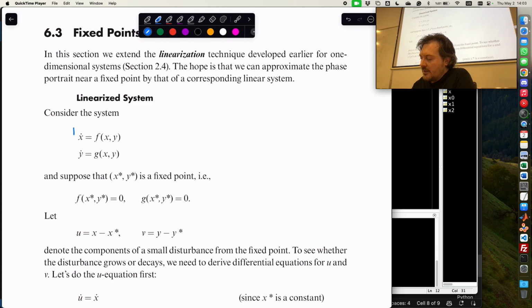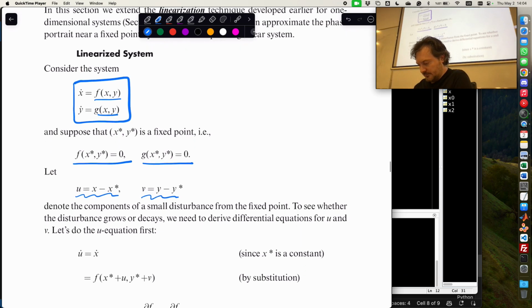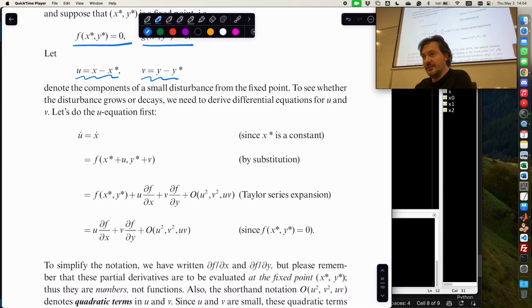Okay, so we have a general system that is in general nonlinear, right? f and g. Now, if you have a fixed point, it means that both f of x star, y star and g of x star, y star are 0 at the fixed point. So we can linearize the system around the fixed point, just like we did in 1 dimension. This is now 2 dimensions. What do we do? Taylor expansion, the usual thing.